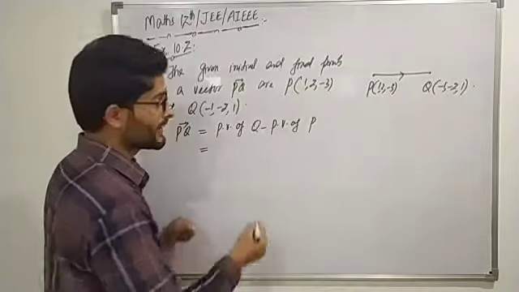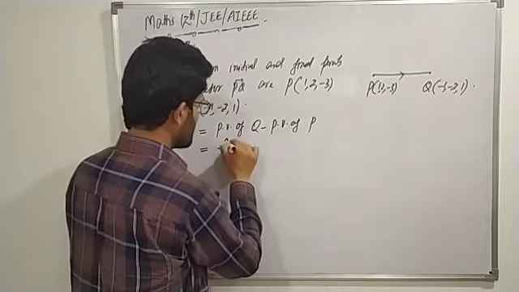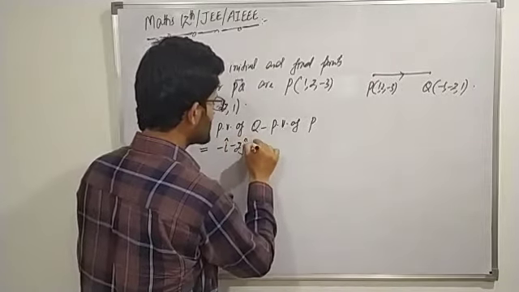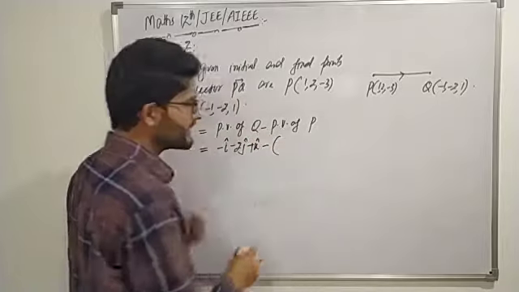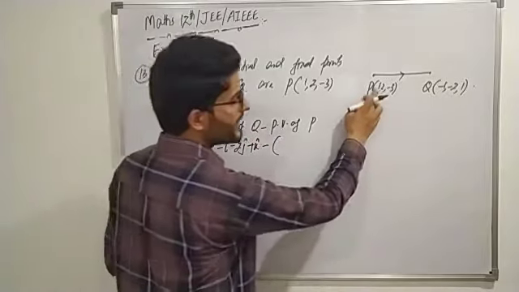What would be the position vector? -i, -2j plus k minus the position vector of P. P has its coordinates 1, 2, -3.